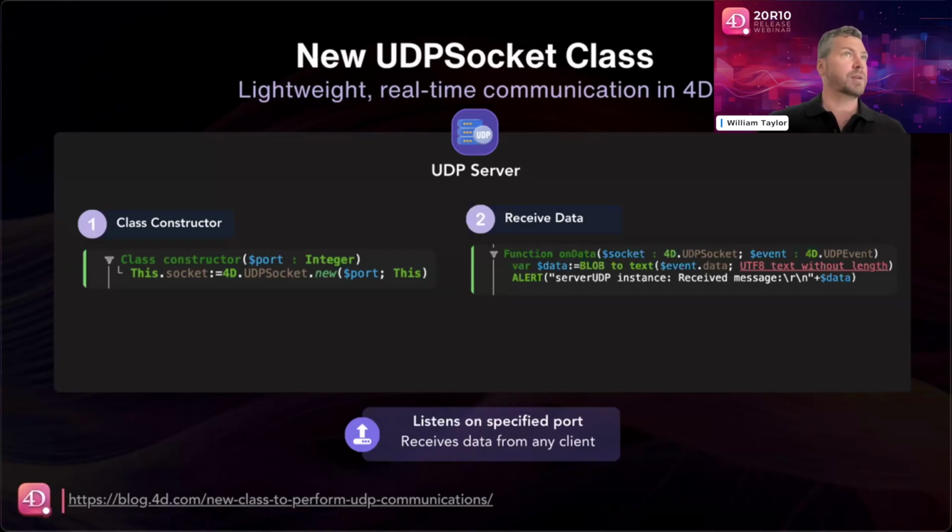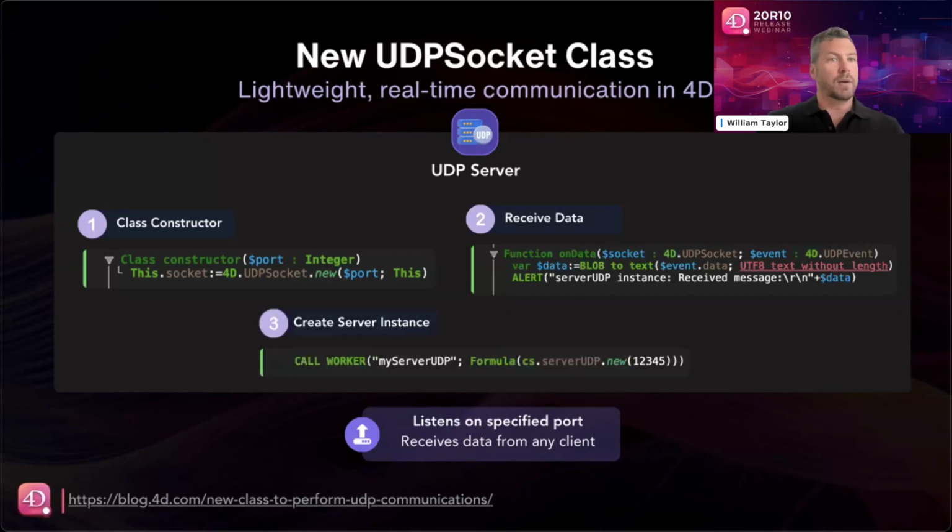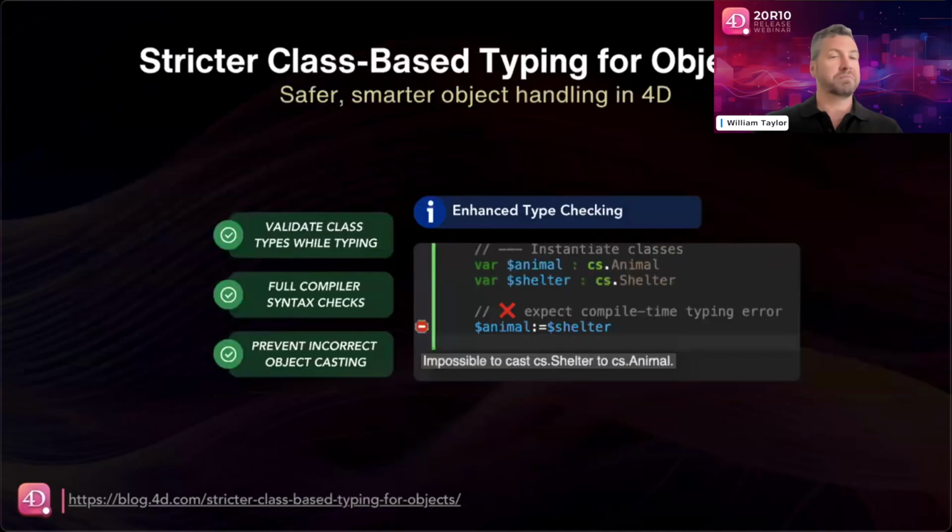This just sends an alert. And everything can run asynchronously, so you can throw all of your UDP socket into its own worker, so you can keep your app responsive and have everything run in a separate core. So you run your server in a worker and keep it fully isolated and always listening.